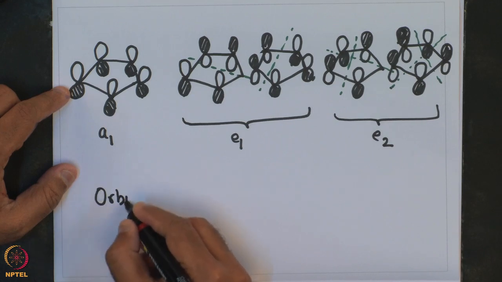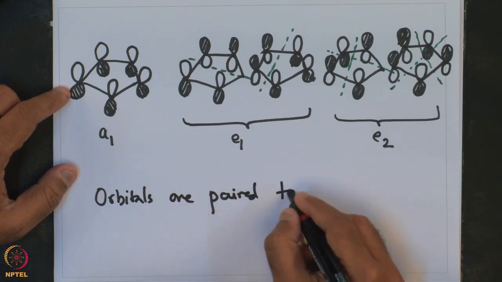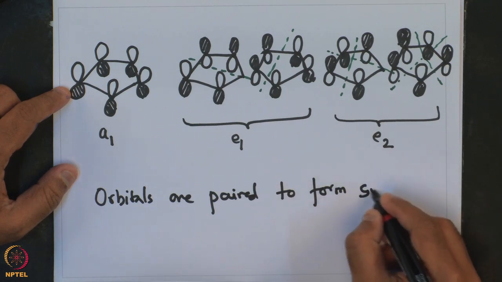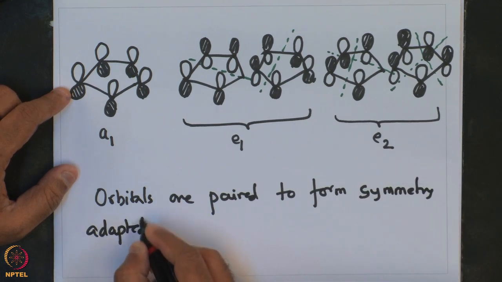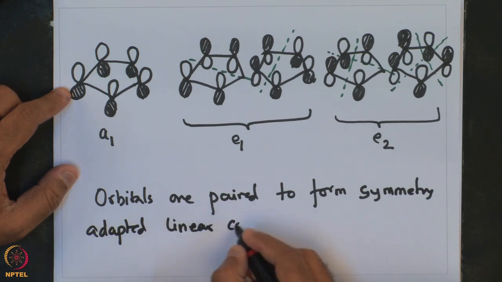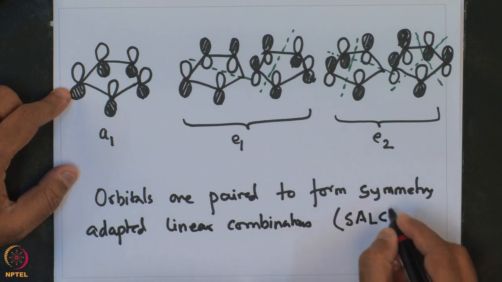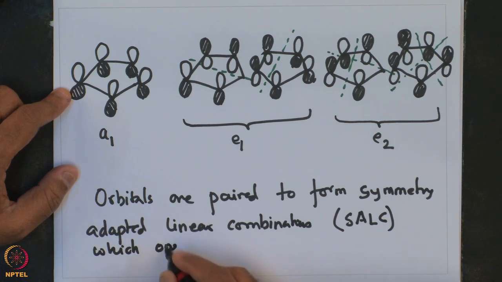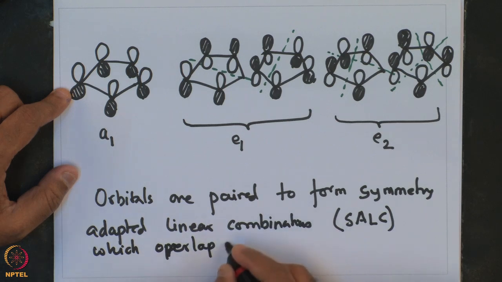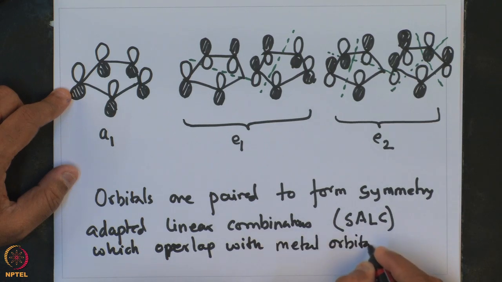So, orbitals are paired to form symmetry adapted linear combinations, or SALC, which overlap with metal orbitals of appropriate symmetry.